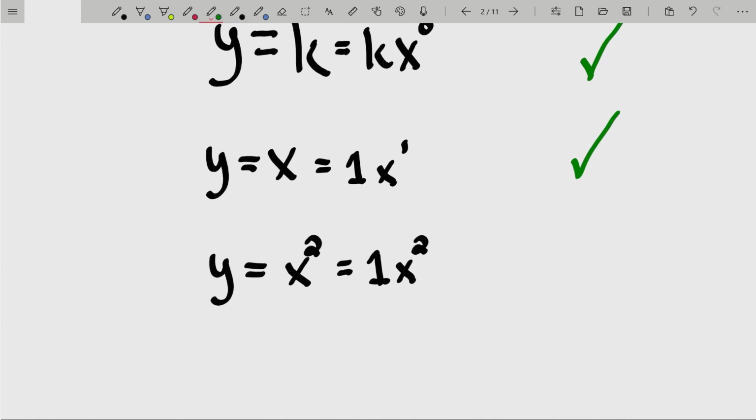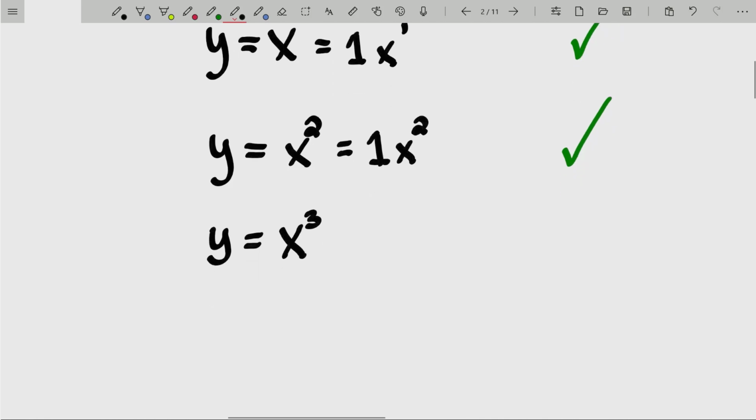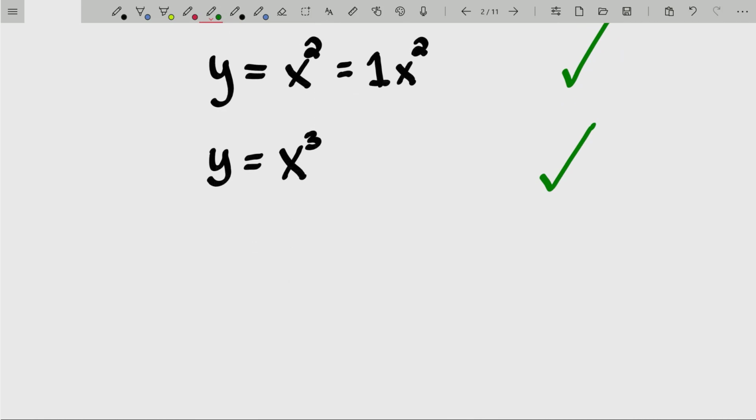So you probably get the idea that most of our base graphs, our base functions, are actually power functions. Even x cubed, I'm not going to write it out slowly. Instead, I'll just say yes, because it's a 1 and a 3 as far as the coefficient and the power are concerned, respectively. Let's see.